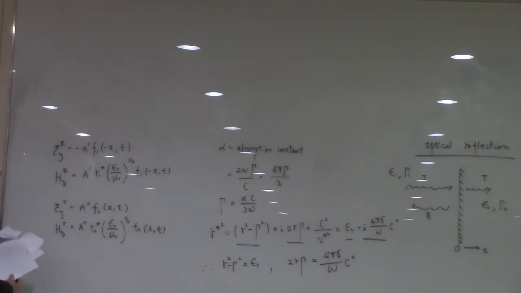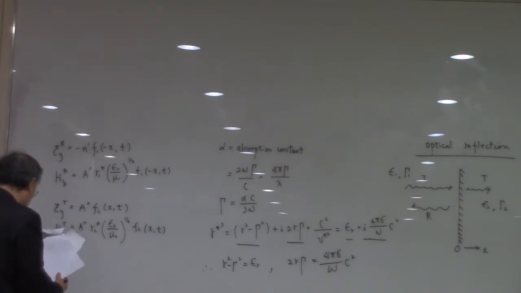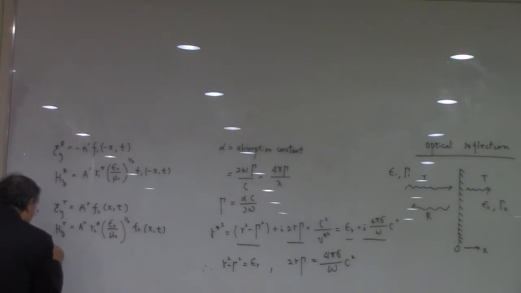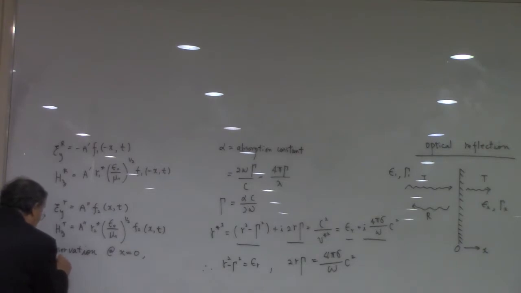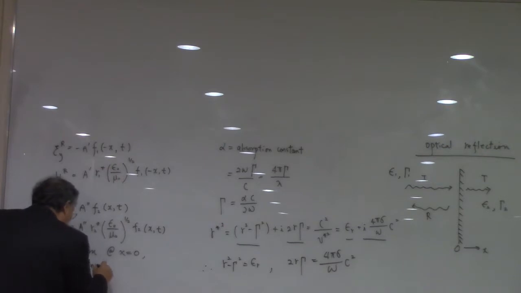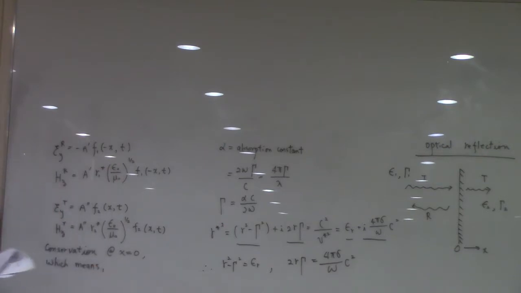Okay, now the conservation at x equal to 0 will give you conservation at x equal to 0, which means nothing but the amplitude should be continuous.